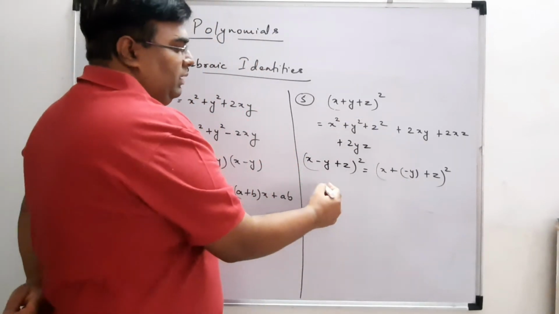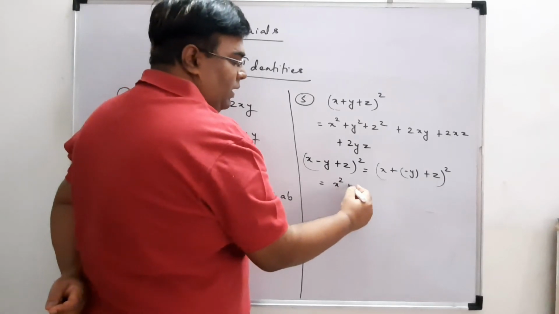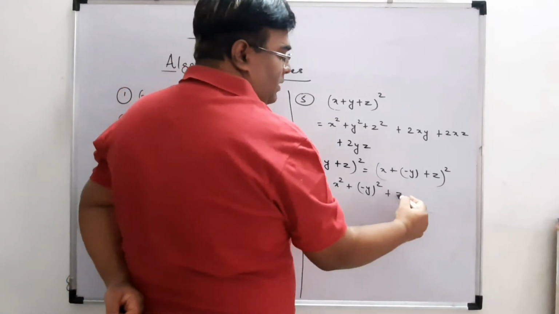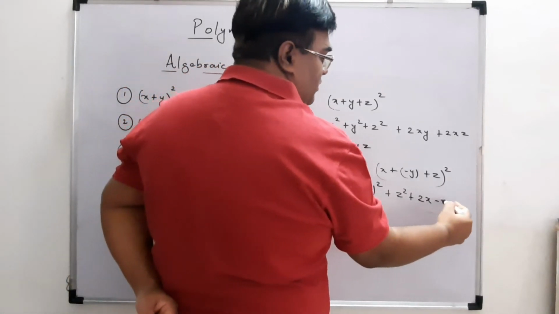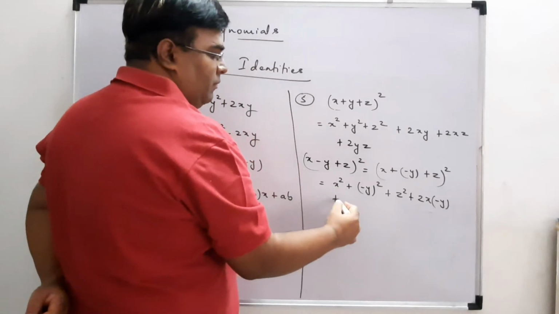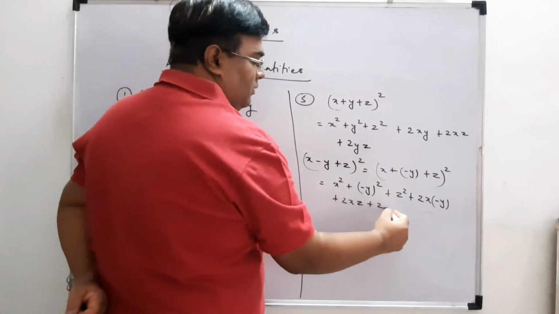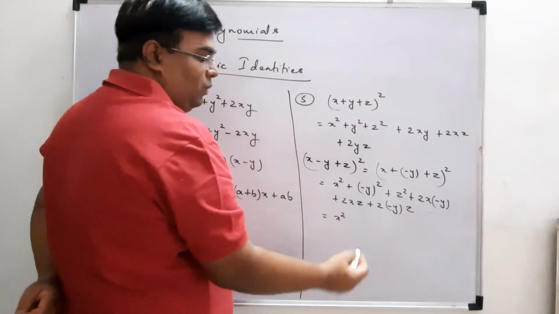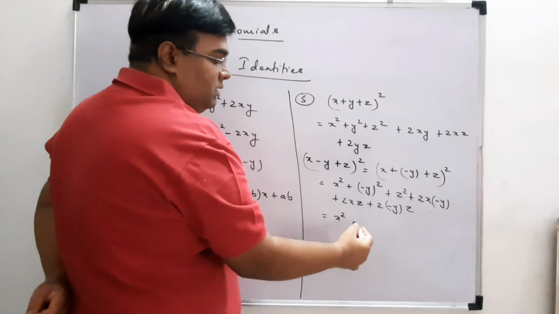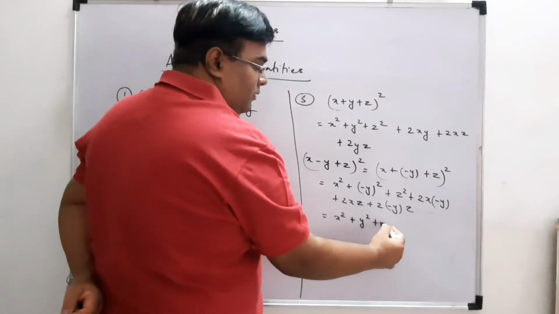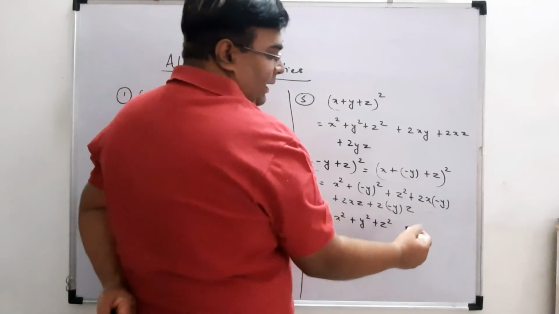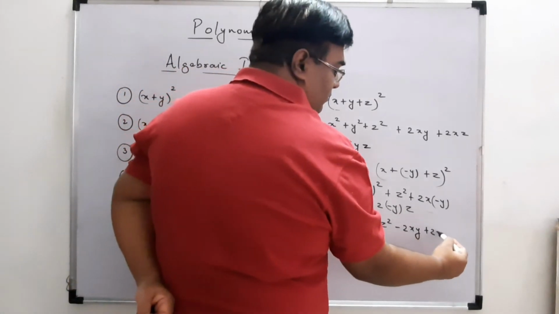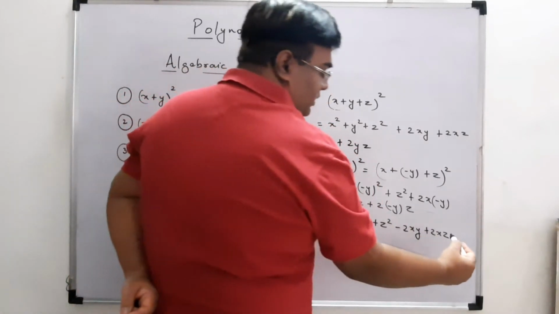So we will write the same formula: x² + (−y)² + z² + 2x(−y) + 2xz + 2(−y)z. It will become x² + y² + z² − 2xy + 2xz − 2yz.